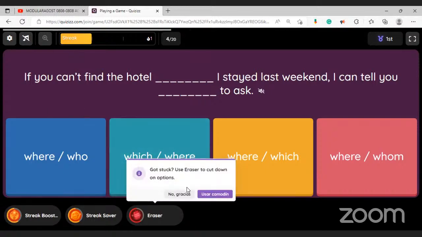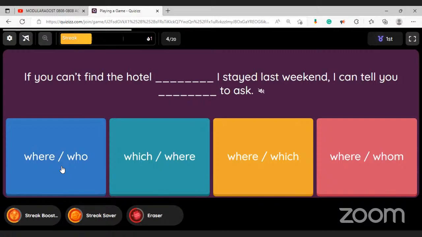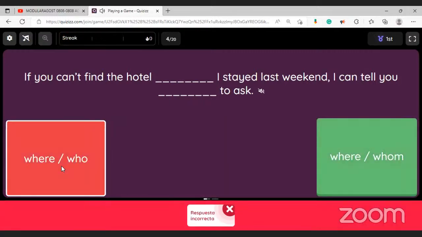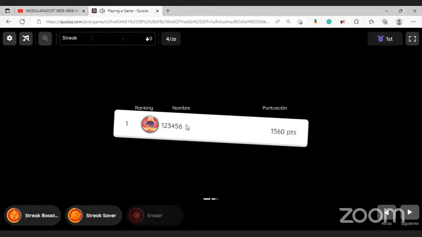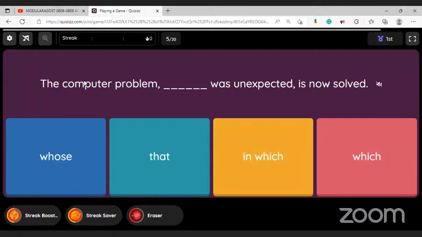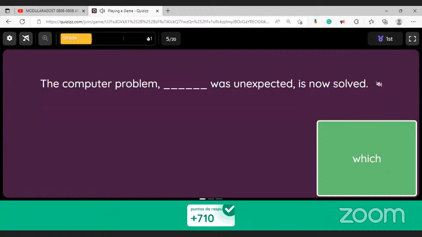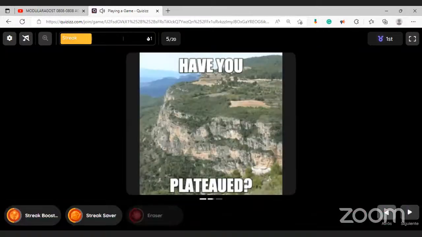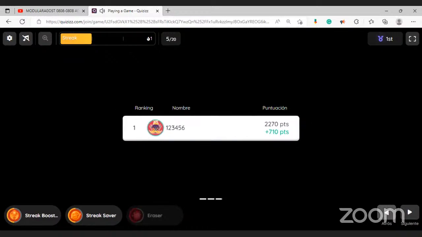What do you think is it? Yes, I get confused with who and whom. Okay, the computer problem. That or which? Which? Yes.